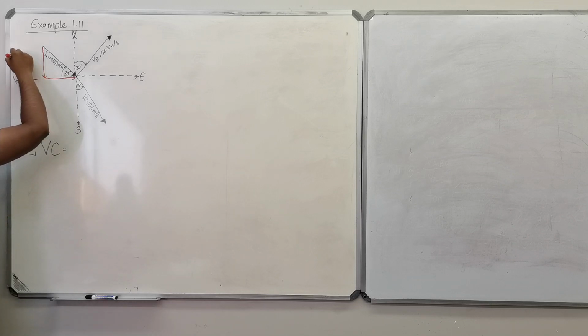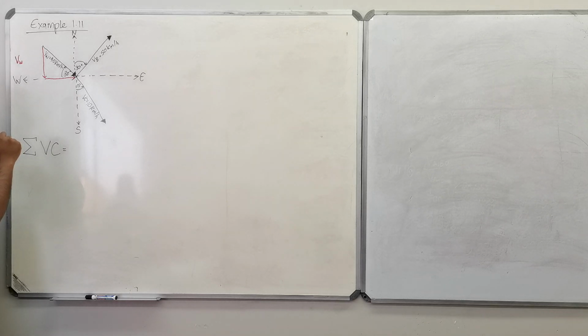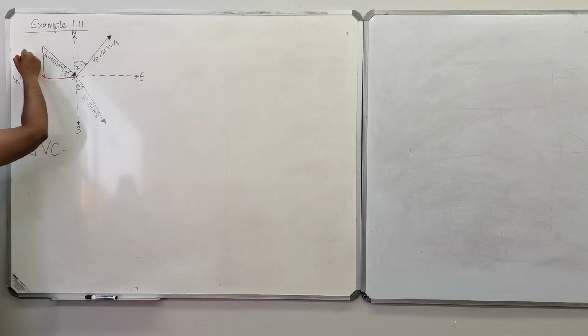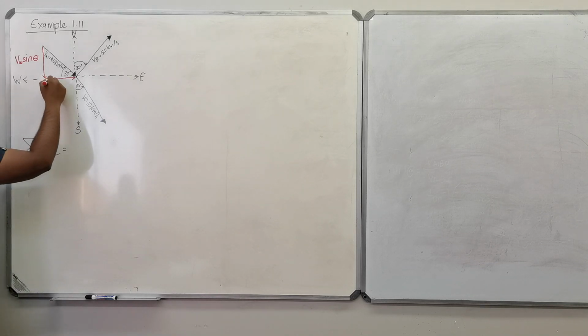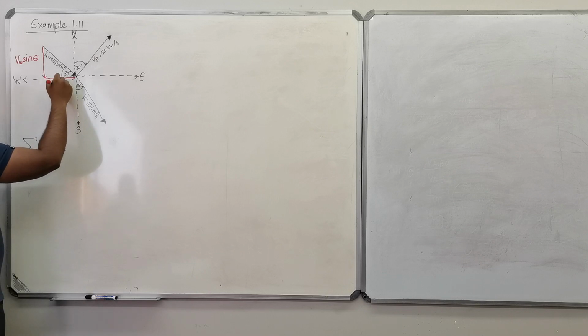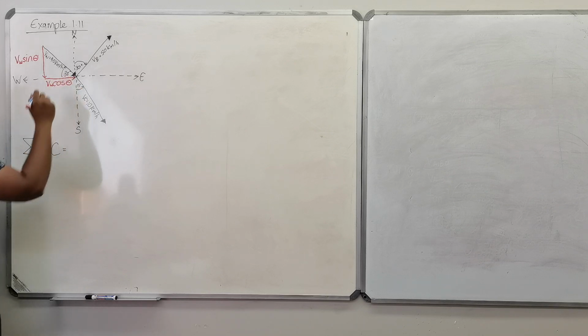The magnitude times what? We're doing the y, the vertical component, so this will be sine of your angle. This one here, which is your x-axis or your horizontal component, will be cos. Velocity of the wind, your magnitude, cos of your angle.